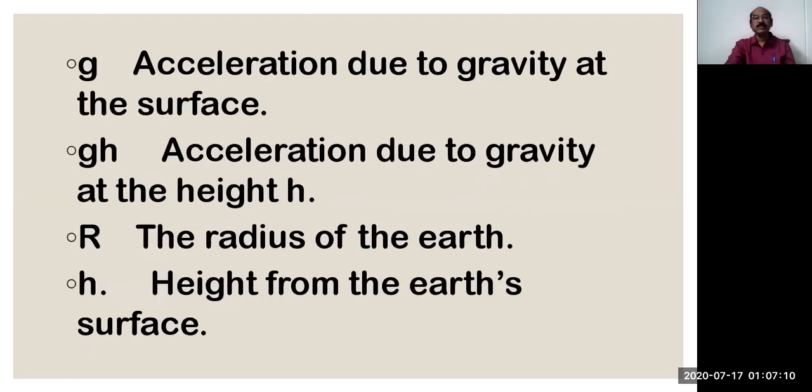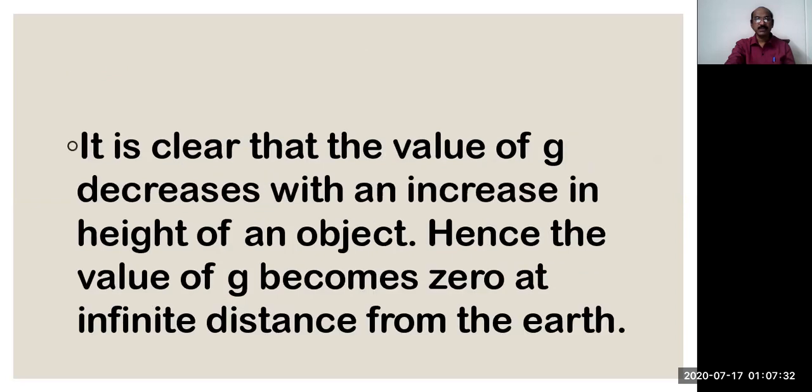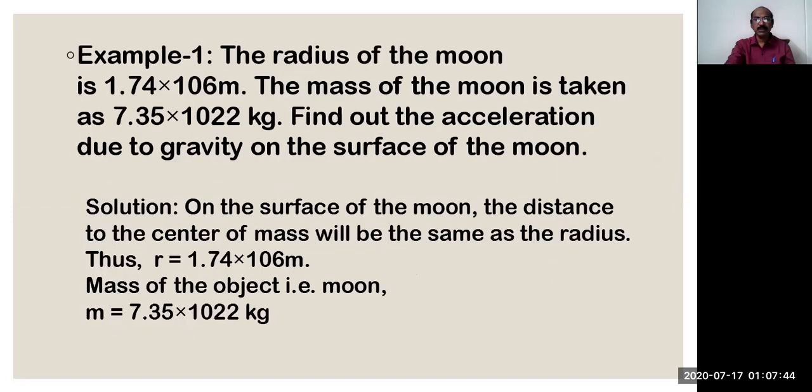This equation shows how g value changes with height or altitude. Here g is the acceleration due to gravity at the surface, g_h is the acceleration due to gravity at height h, R is the radius of the Earth, and small h is the height from the Earth's surface. It is clear that the value of g decreases with an increase in height of the object. Hence, the value of g becomes 0 at infinite distance from the Earth.